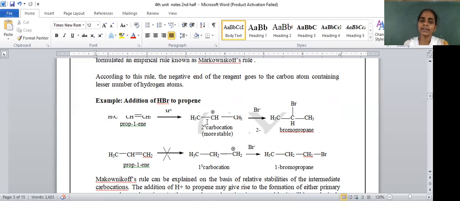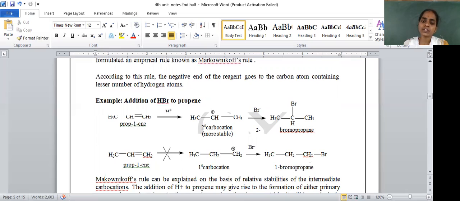So bromine may attach to this carbon or to this carbon. But the Markovnikov rule says the negative part is attached to the carbon which has fewer hydrogens. So the second carbon has fewer hydrogens, and that is why this is more stable when compared to 1-bromopropane.